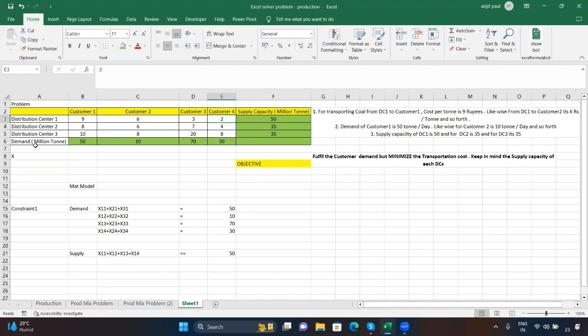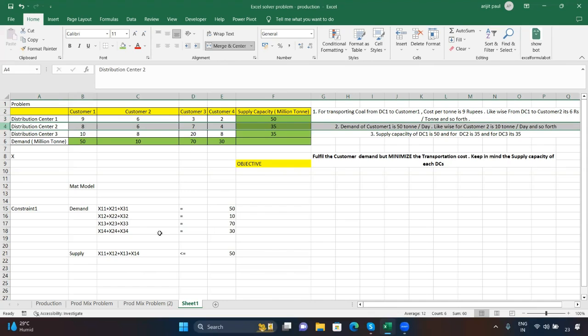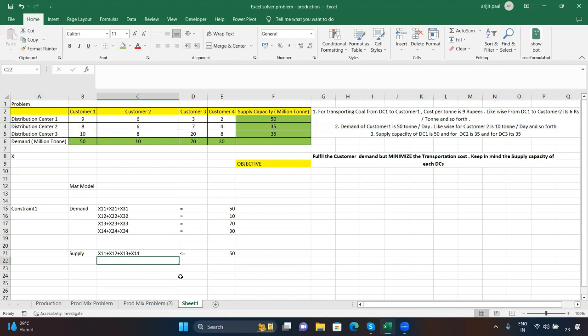Okay, similarly for this distribution center we can write x21 plus x22 plus x23 plus x24, right, less than or equal to how much? 35.